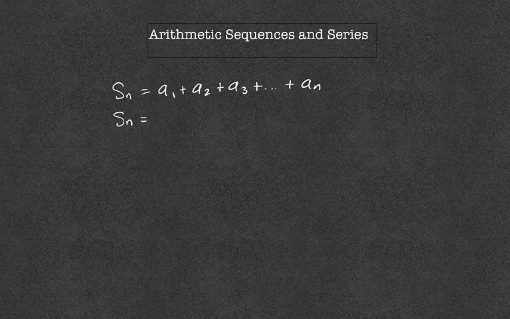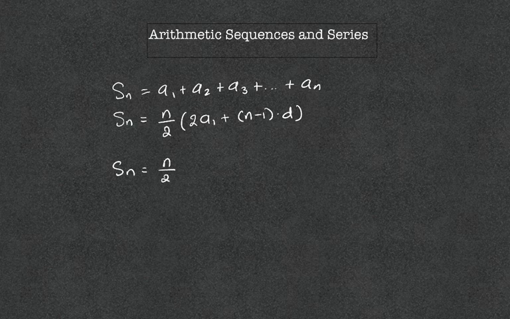Sn can be found by taking n divided by 2 times 2 times the first term of the sequence plus n minus 1 times the common difference. An alternative expression would be taking n divided by 2 and multiplying by a1 plus an.